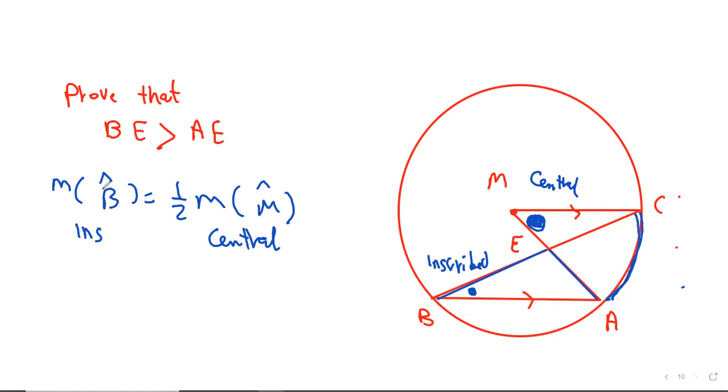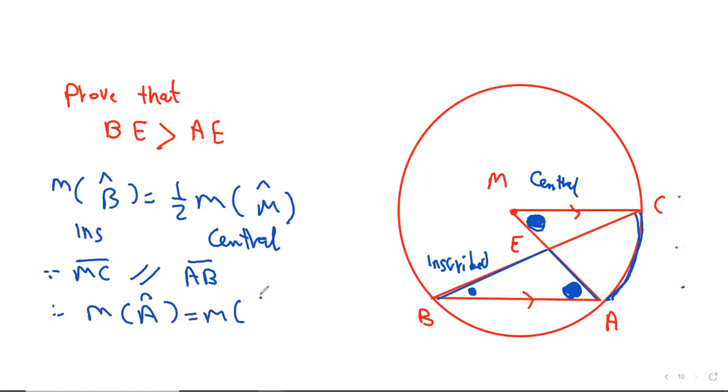So measure of angle B is equal to half of measure of angle M. And measure of angle M equals measure of angle A. Do you know why? Two alternate angles. Since MC is parallel to AB, measure of angle A equals measure of angle M, two alternate angles.